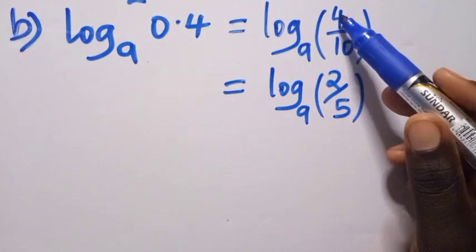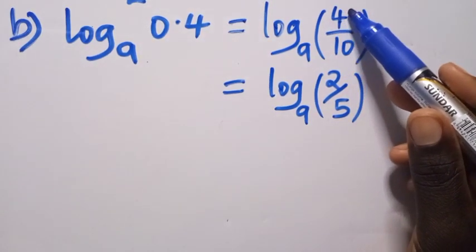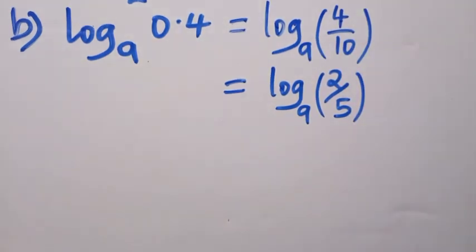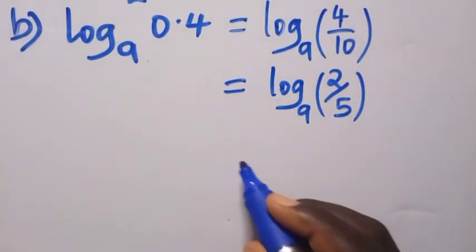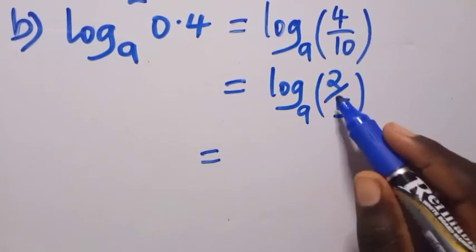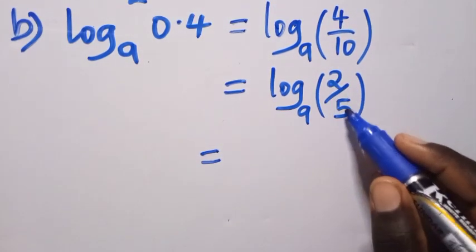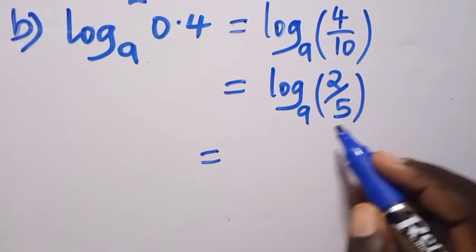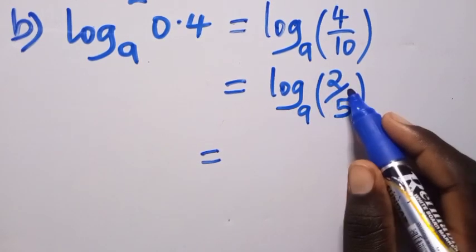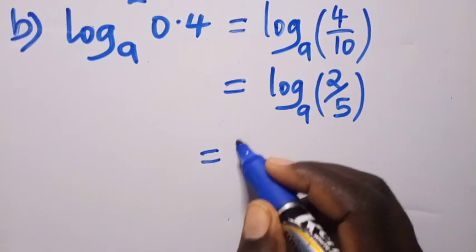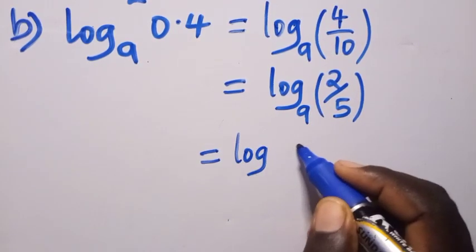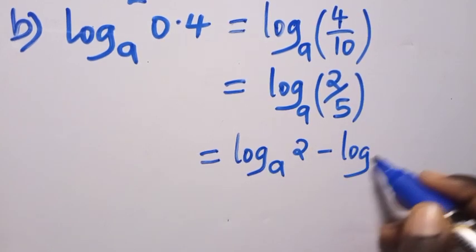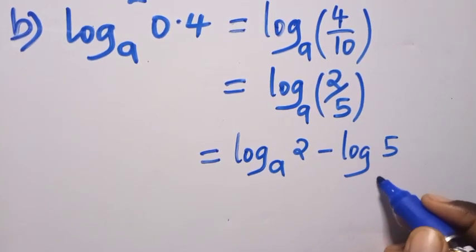Because if you simplify by 2, 2 by 2, and 10 by 2 is 5, therefore this is 2 over 5. Now, from the laws of logarithms, since this is 2 divided by 5, and this one is to base a, we can write it as the logarithm of 2 to base a minus the logarithm of 5 to base a.